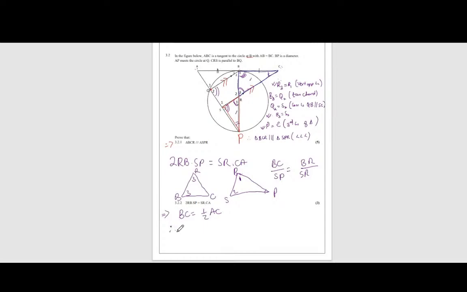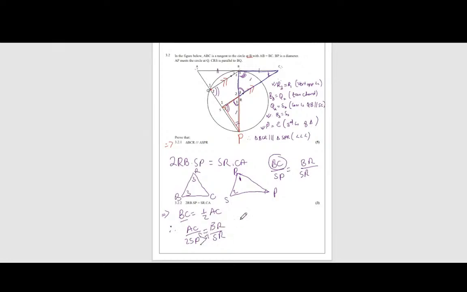So what this gives us, therefore, is that if we have our AC divided by 2 over SP, it is going to be the same. Remember, we are replacing BC with AC because we know BC is a half of AC. It is equal to BR over SR. Then we do the cross multiplication.